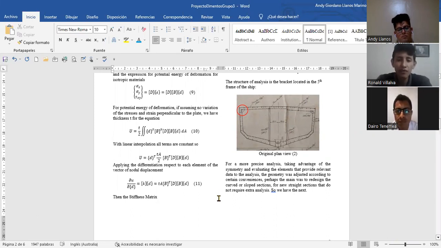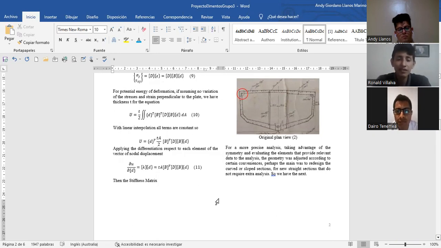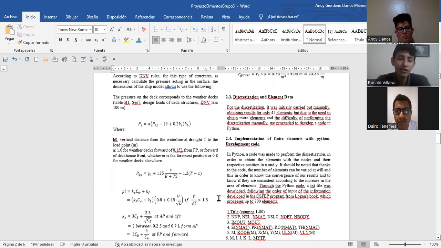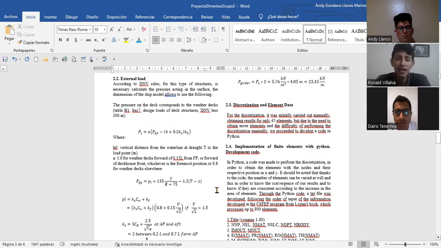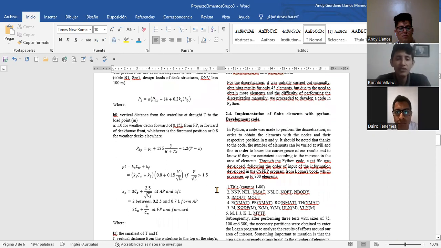So for this problem, we need the external load. This external load, according to D&B rules for this type of structure, requires calculating the pressure acting on the surface. To calculate this pressure, first we need to consider the previous information: length, beam, and the velocity.